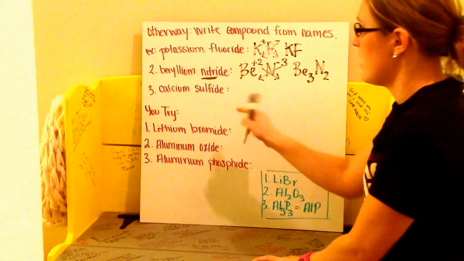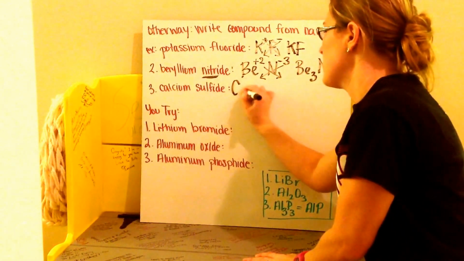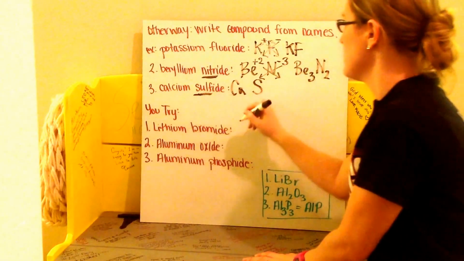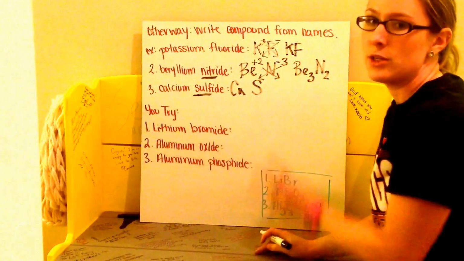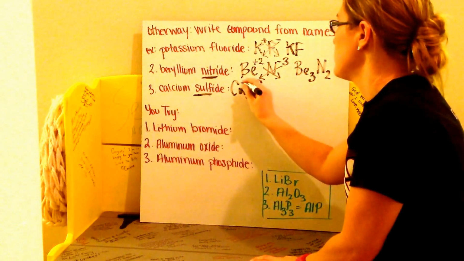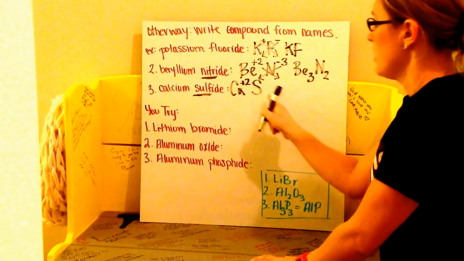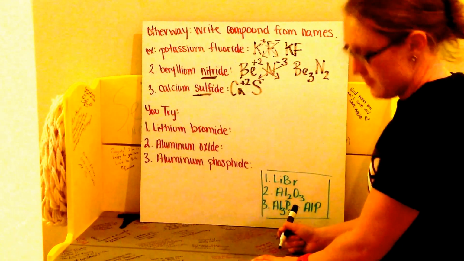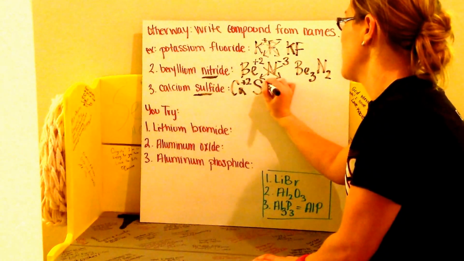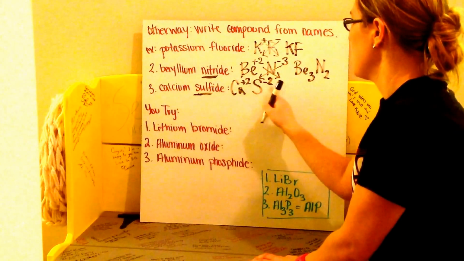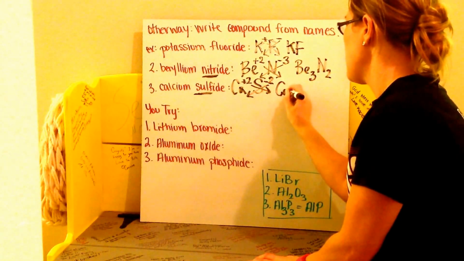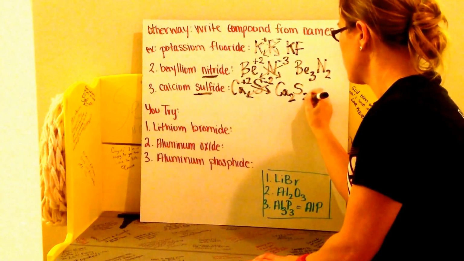Then I have calcium sulfide. Again, I write my calcium, and sulfide gives me sulfur. Calcium's in group 2. It's going to lose those 2 electrons and become +2. Sulfur, again, is in group 6, so it's going to gain 2 electrons. So Ca +2, S -2, crisscross down, and I get Ca2S2.